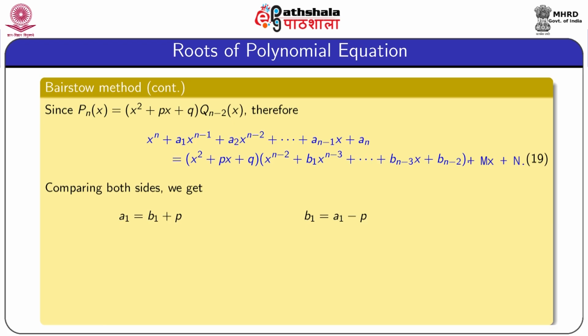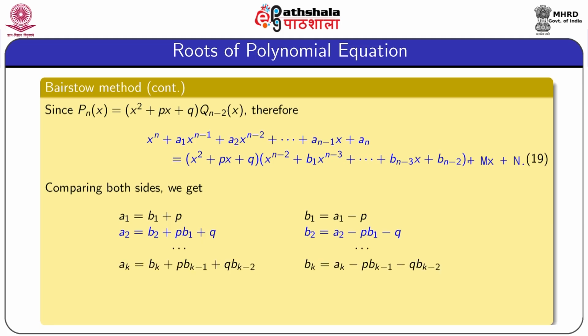This is obtained from the coefficient of x to the power n minus 1, and this is written as b1 equals a1 minus p. From the second term, that means the coefficient of x to the power n minus 2, we get a2 equals b2 plus p b1 plus q, that is b2 equals a2 minus p b1 minus q. Similarly, at the coefficient of x to the power n minus k, we get ak equals bk plus p into bk minus 1 plus q into bk minus 2, that means bk equals this expression.